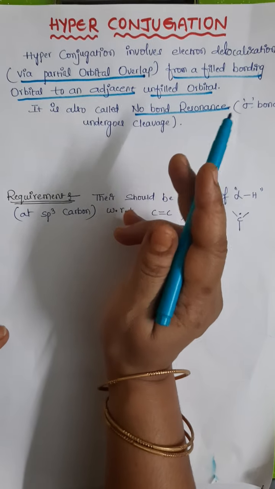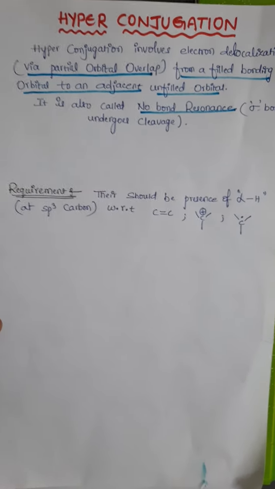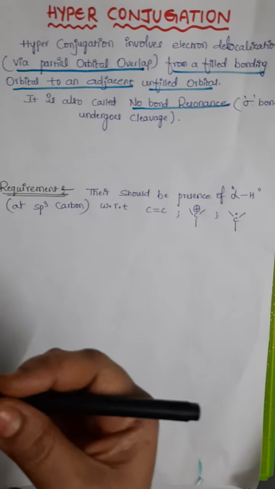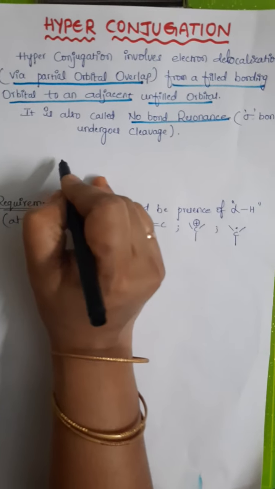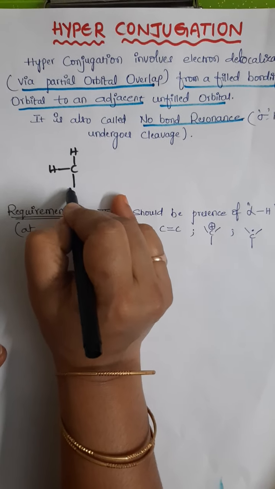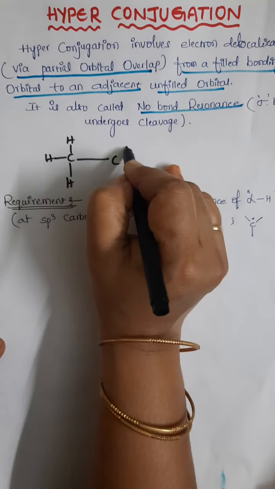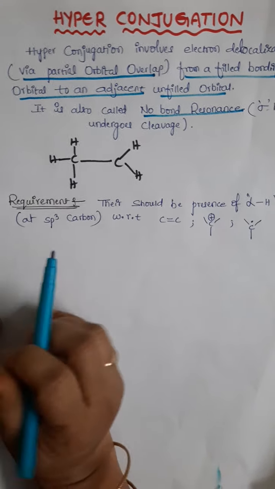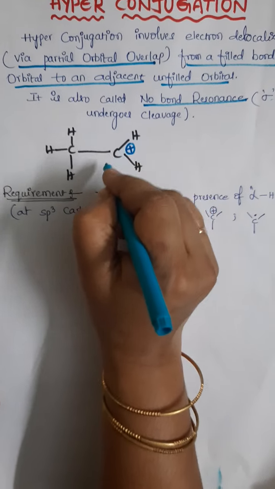Suppose we take an example. Let us write one example. Here the example is CH2 with H, where this carbon bears a positive charge.